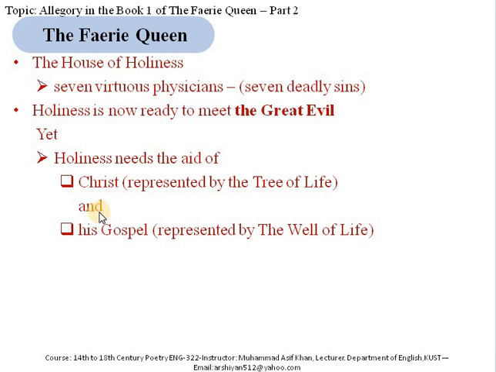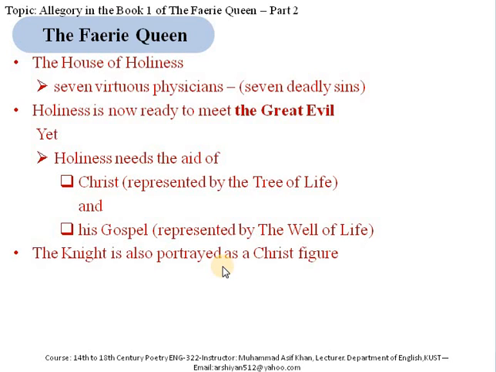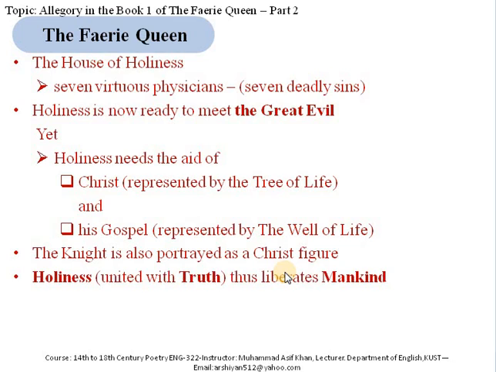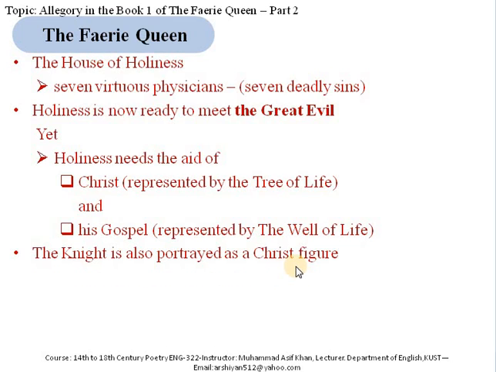So with their aid, holiness gains in the end victory over the devil, which is the great sin of mankind. The knight also portrays a Christ figure because he falls and triumphs on the third day. The same happened with Jesus Christ.